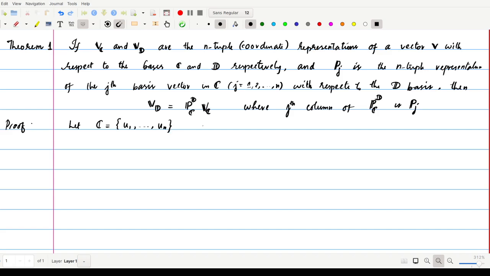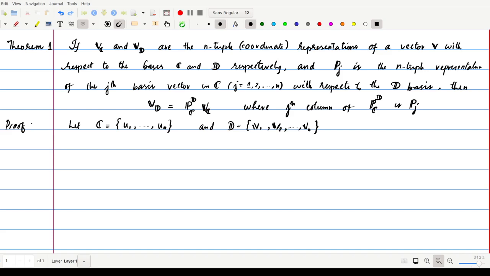Then D also consists of n vectors, say v1, v2, through vn. These are the vectors in D, and we will write any V as a linear combination of u1, u2, through un.